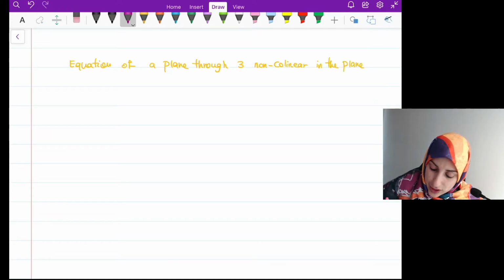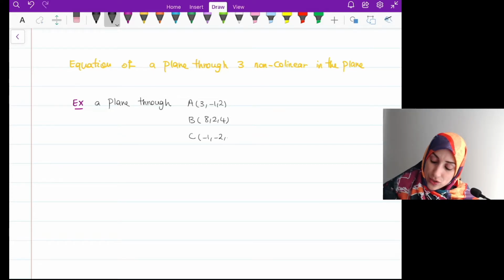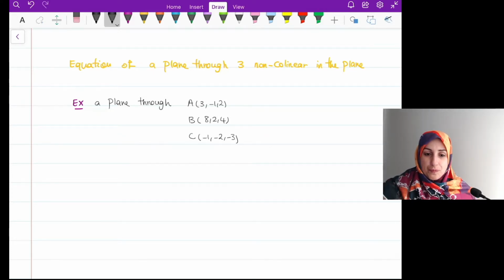I'm going to show it by an example. A plane through these 3 points: (3, -1, 2), (8, 2, 4), and (-1, -2, -3).